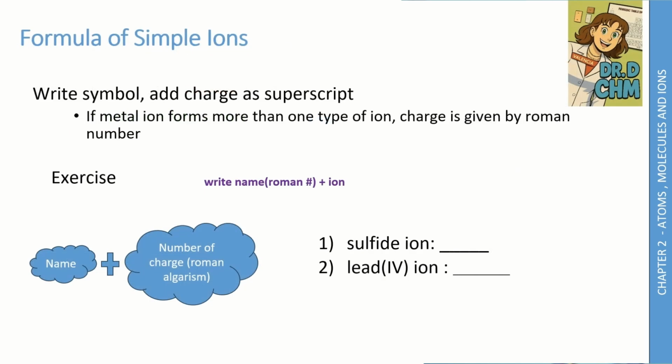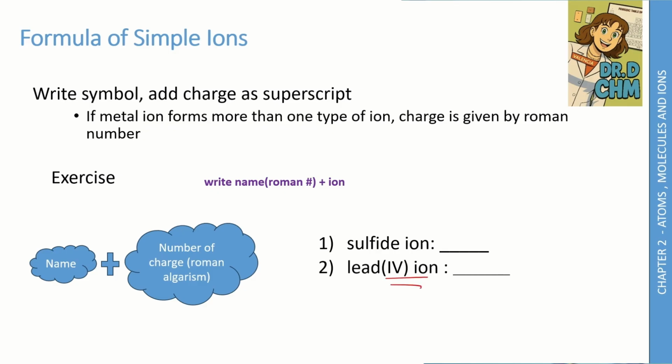How are we going to do this? Give it the symbol. For example, when you have the Roman numerals, it means we have a different charge for that element, so it can vary, and you need to represent that with the Roman numeral. So here we have the sulfide ion.